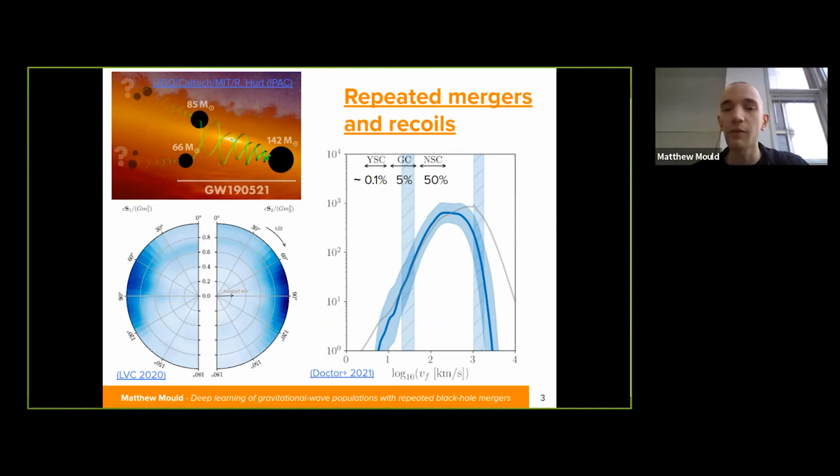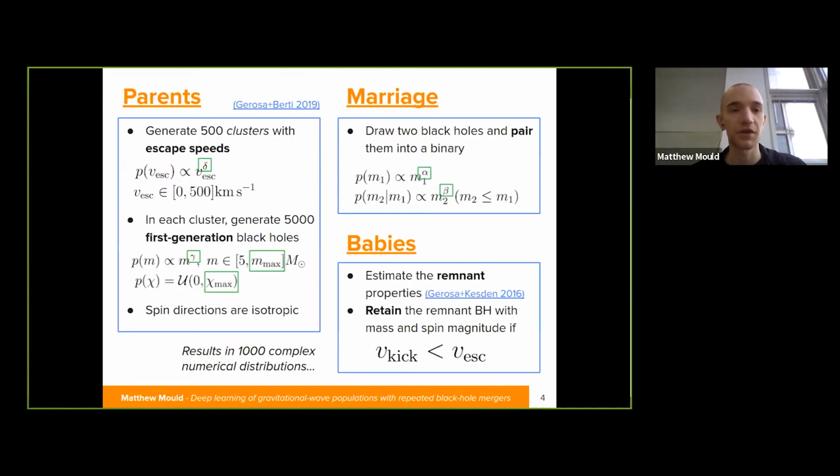So how can we go about modeling this repeated merger scenario? We construct a simplified simulation scenario. We perform 1,000 simulations, each of which consists of 500 clusters whose escape speeds are drawn from a power law distribution.